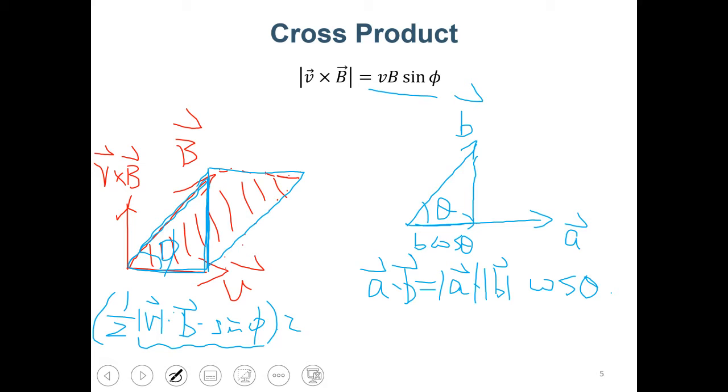And similar to the inner product, we can use the i, j, k vectors for the outer product, for the cross product.